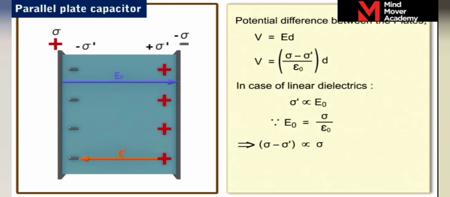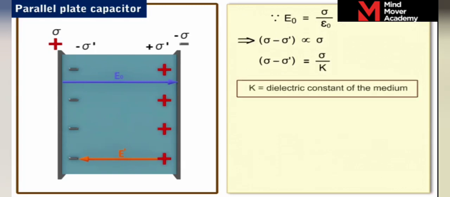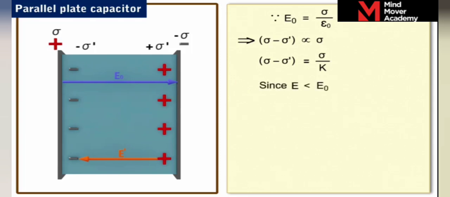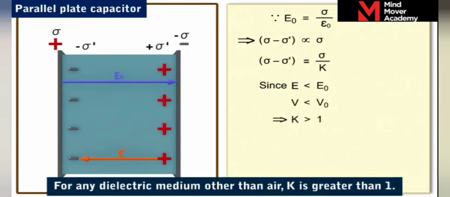Or we can say that sigma minus sigma dash is equal to sigma by K, where K is a constant of proportionality, which is called the dielectric constant of the medium. Since the electric field strength E is less than E naught, and hence potential difference V is less than V naught, this clearly implies that the value of K must be greater than 1. For any dielectric medium other than air, K is greater than 1.